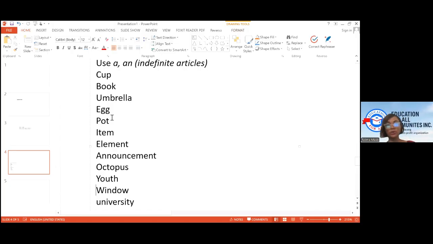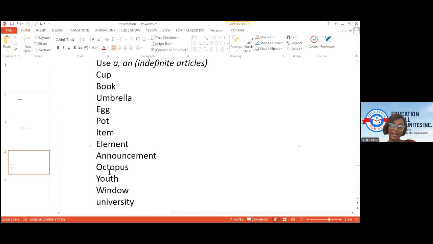So I can say Sanya is a youth. That's singular. Okay, I understand. Or Hassan is a youth. That's singular. Okay, so when you say young, where's the plural for the young? No, young is an adjective.